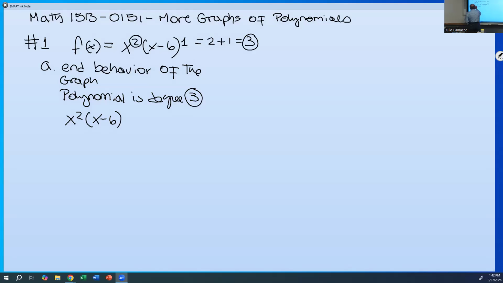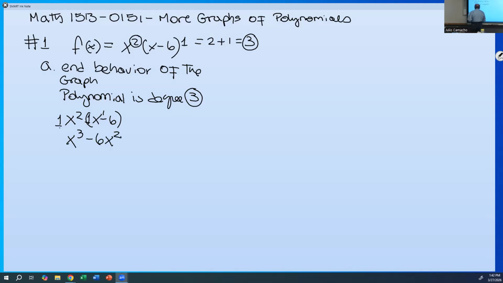You have a 1 as a coefficient here and a 1 here, and you have a power of 1, so 1 times 1 is 1 x. When we multiply the terms of a polynomial, we add the powers. 2 plus 1 will be x to the third power. Then you multiply x squared times negative 6, and it will be negative 6x squared.